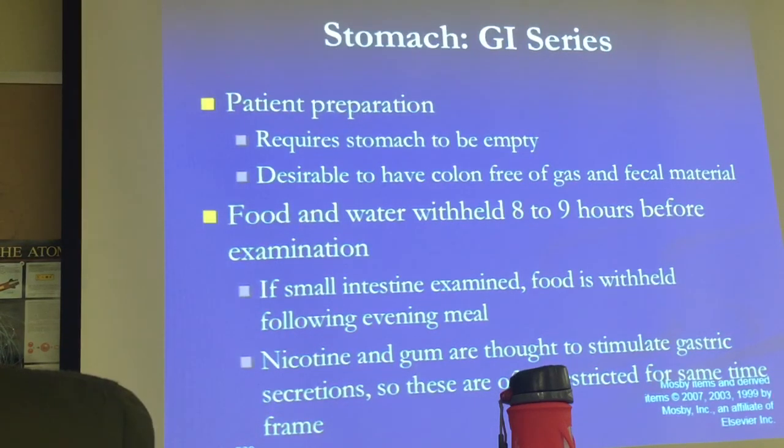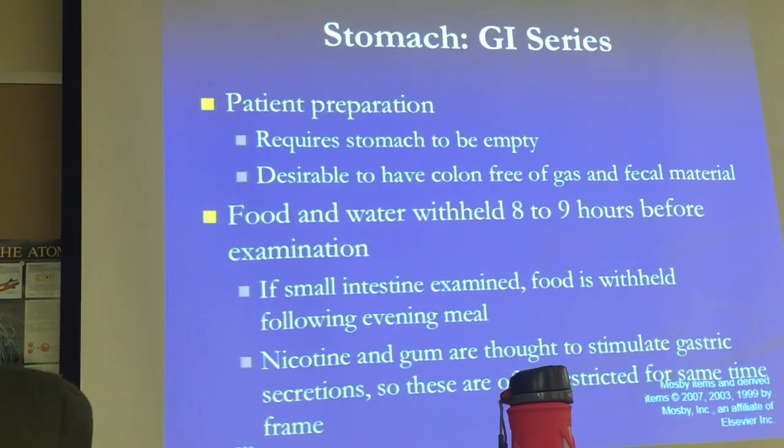Just to give you a sense of how many: when I worked at South San Francisco Kaiser in the mid-80s, late 80s, we used to do, on the average, about 10 upper GIs every day. Sometimes we had 15, sometimes we had 8, but on the average, about 10, 11 every day.